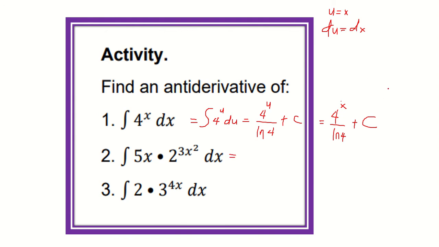So our u is 3x squared. Okay, good. And then our du is 6x dx.